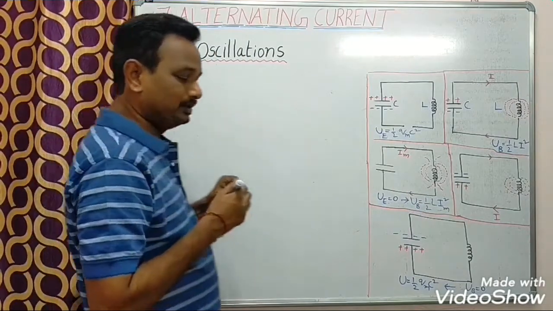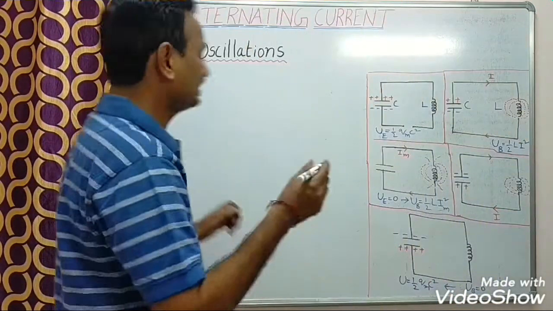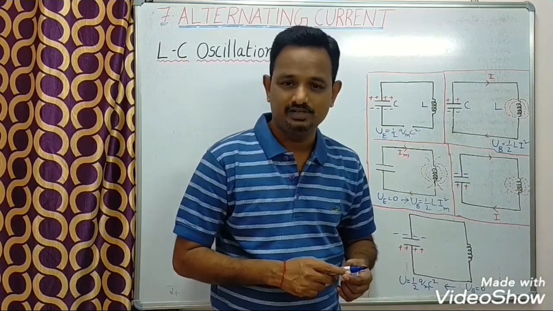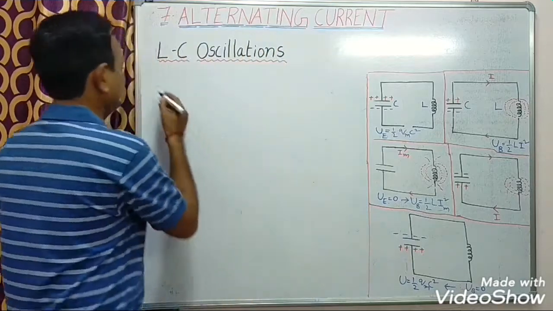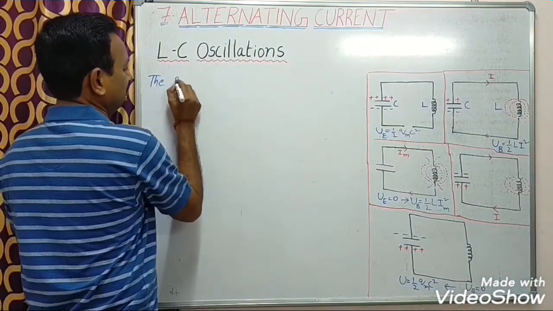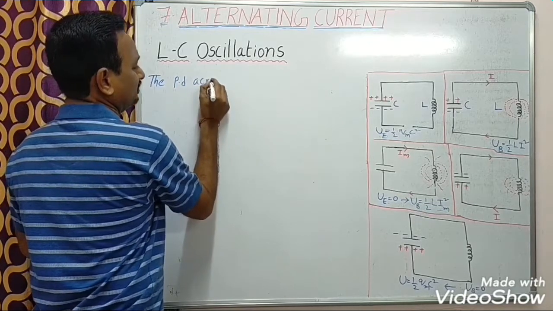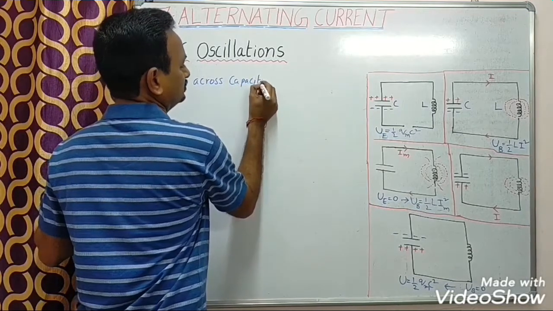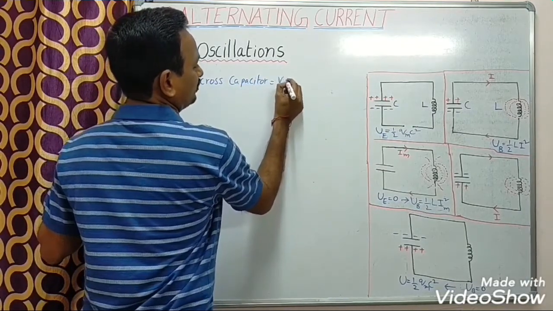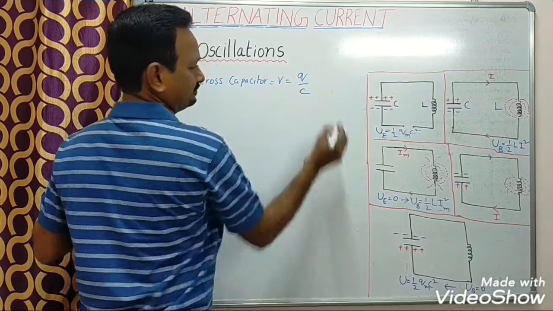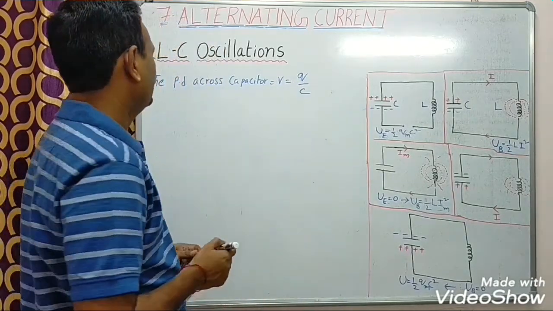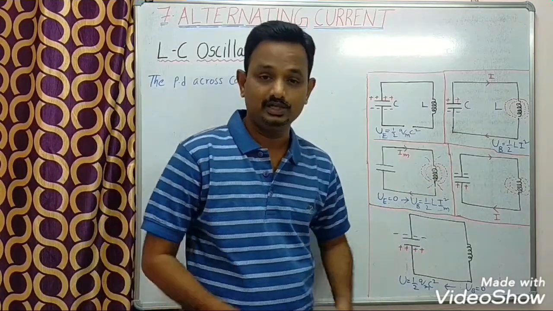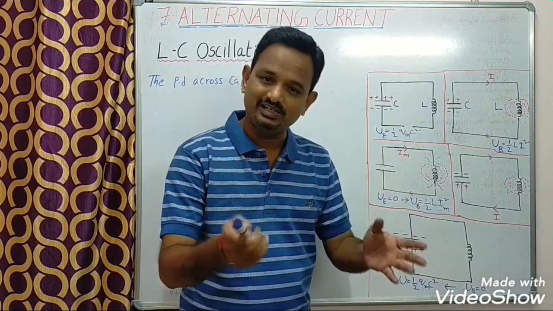The potential drop across the capacitor, you know that is V equal to Q by C. And the potential drop across the inductor, that means the induced EMF across the inductor.